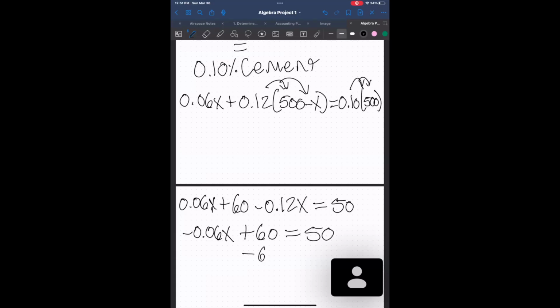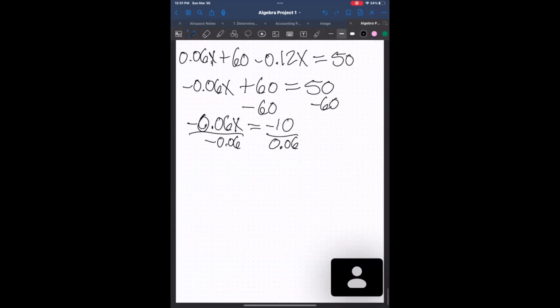Okay, we're going to move this to the other side. Minus 60, minus 60. And we've got negative 0.06x equals negative 10. Now, we're going to divide by negative 0.06 on both sides. This is where this is going to be kind of fun.